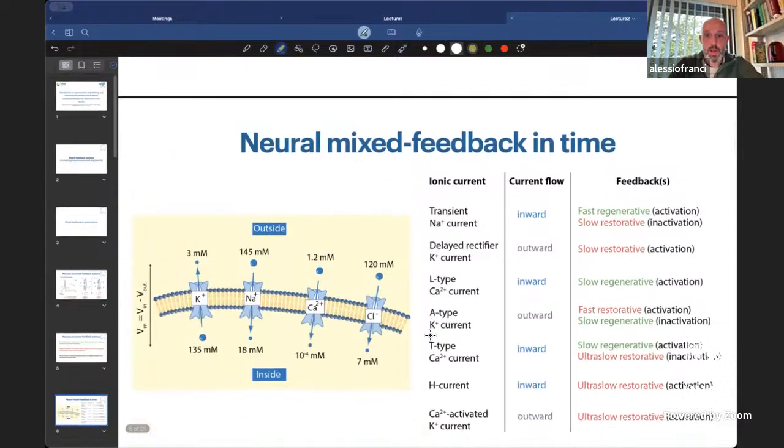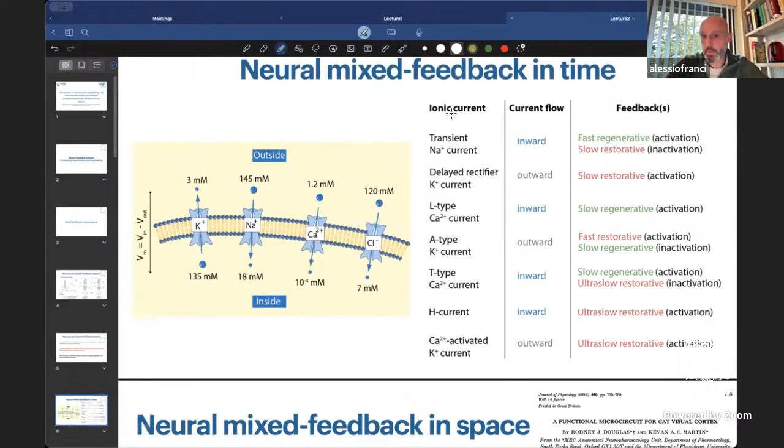If you look at all the ionic currents that you find in a neuron, you can essentially do a remapping of all known ionic channels in terms of whether they're fast positive, slow positive, and so on and so forth, or the same thing for negative, so this will be slow negative, and so on and so forth.